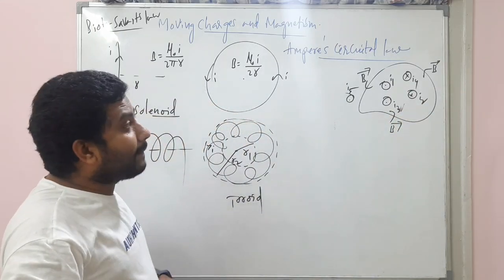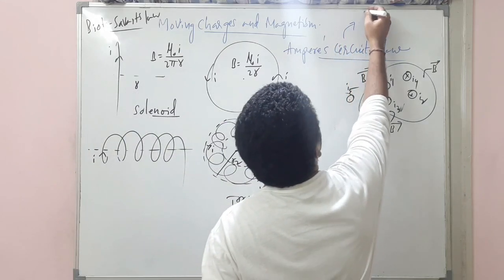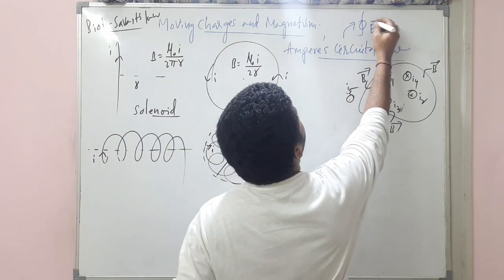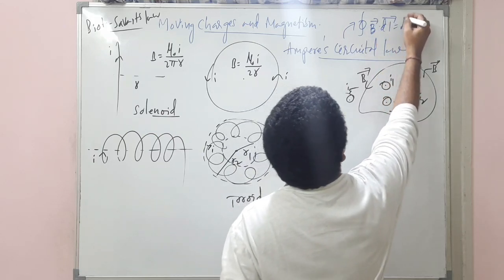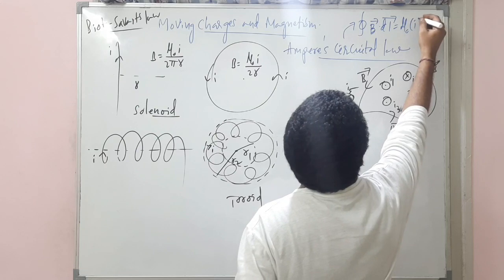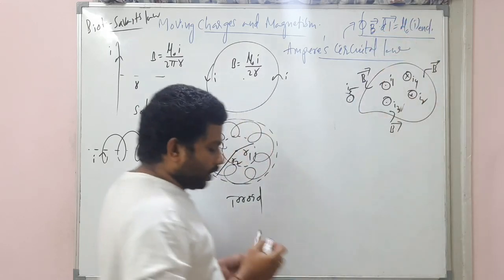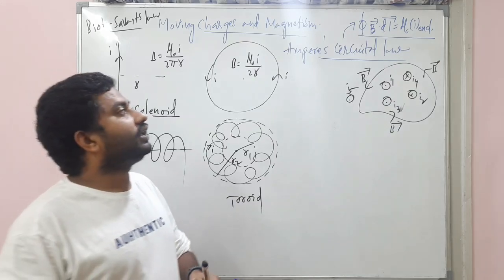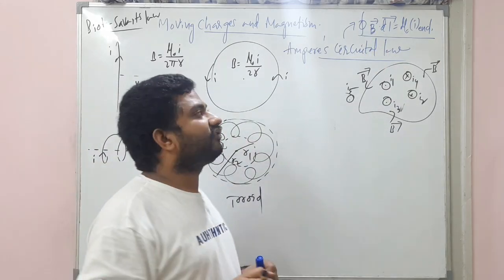You know, Ampere's circuital law states that closed integral B bar dot dl bar is equal to mu naught into current enclosed. And how to find that?